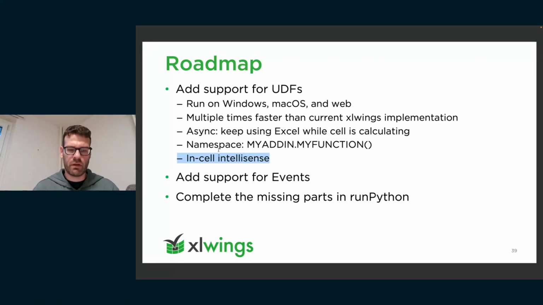The other thing I'm going to look into in the future is adding support for events. So you could eventually, for example, put a button on a sheet and have the click event on that little design element, or whatever you use for your button, trigger a function. So there's lots of interesting things that Office.js supports. And then also, just as a general thing, fixing the holes that still are on the xlwings server side of things.